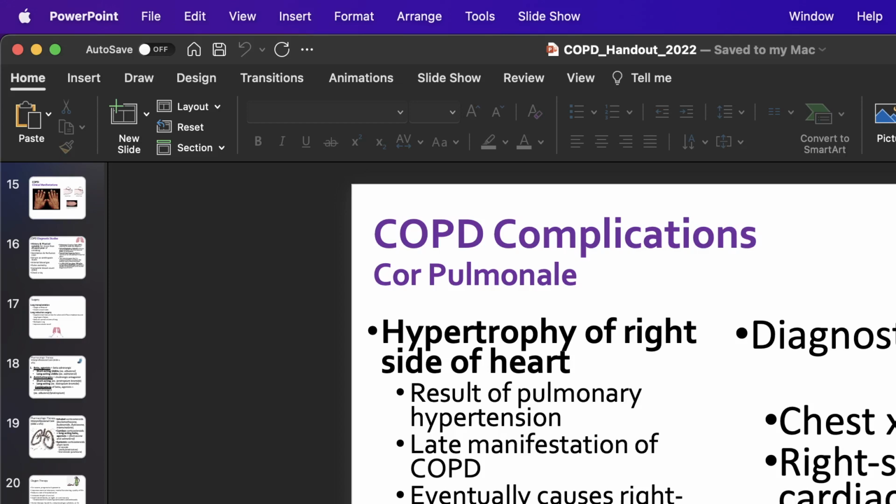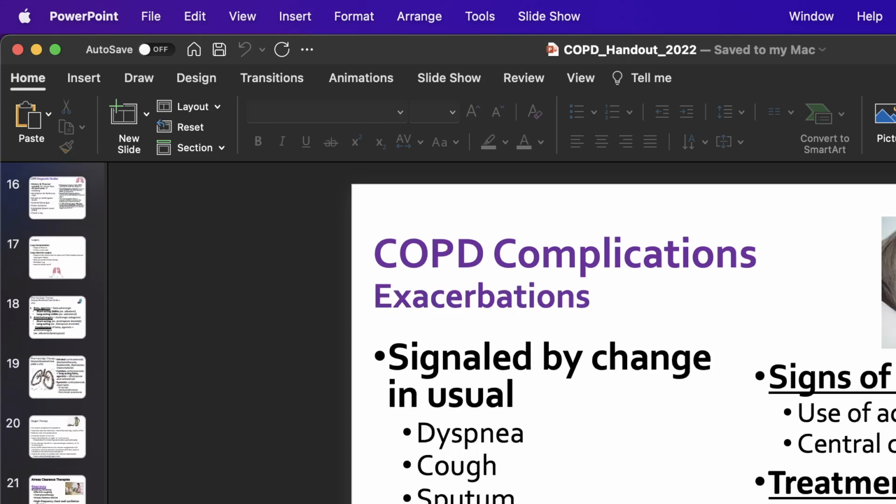So again, because it's a chronic condition, how do we teach them to manage the condition at home? Knowledge is power. I can't stress enough how important it is for you to teach them about their meds, how to use their med therapies, but to recognize when they're in trouble and when to notify the healthcare provider.